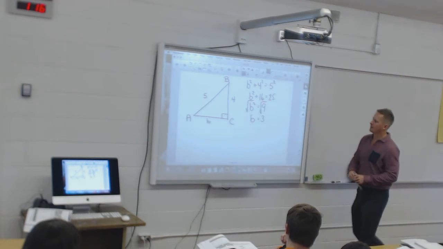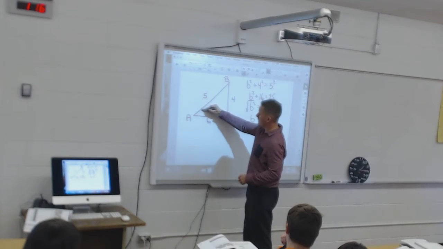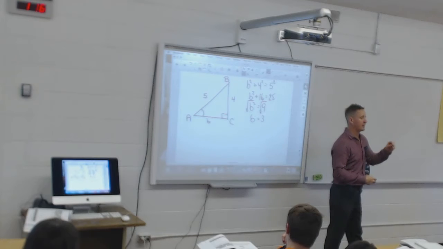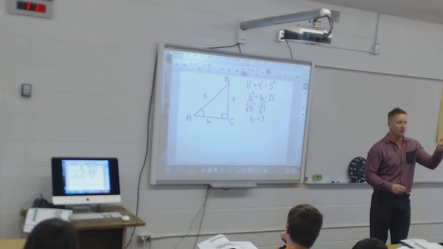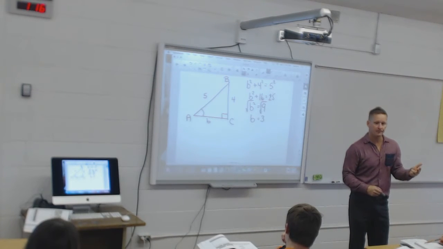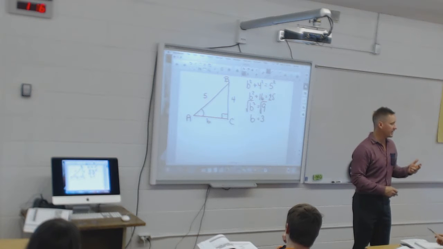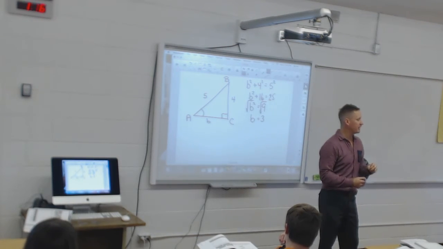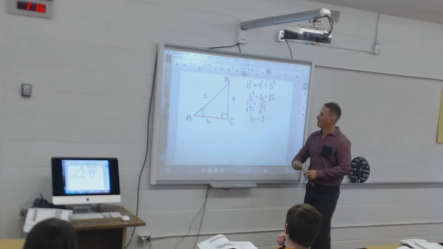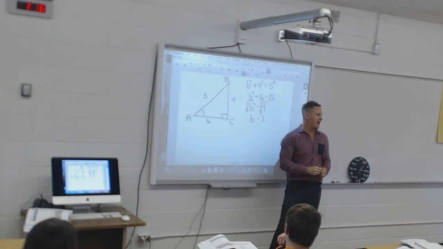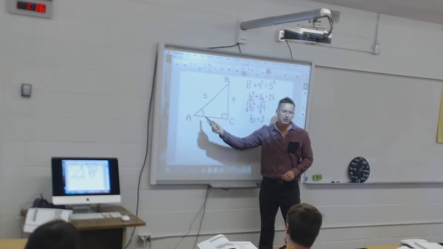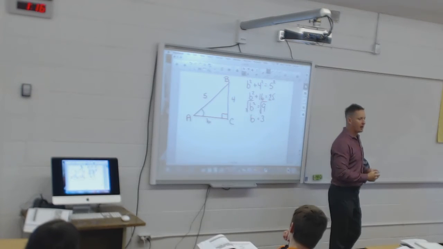So let's say I'm looking for angle A right here. The first thing I have to determine is, is it sine, cos, or tan to solve it? That's the first thing I have to identify. So how do I do that? I look at the information given to me, and I work with it. Where is 4 in relation to A? It's the opposite. Where is 5 in relation to A? Hypotenuse.